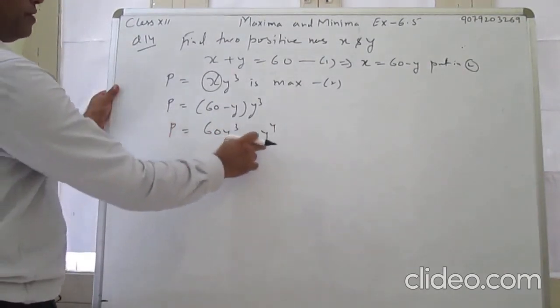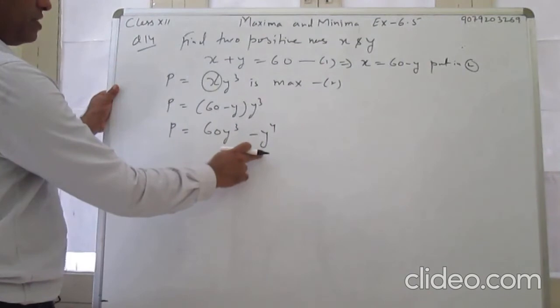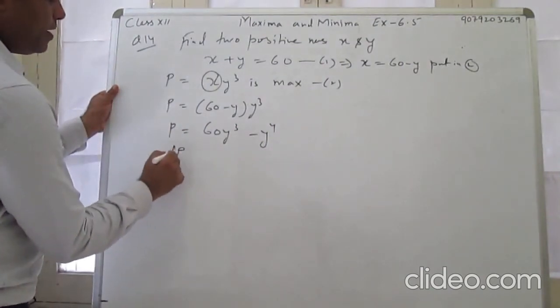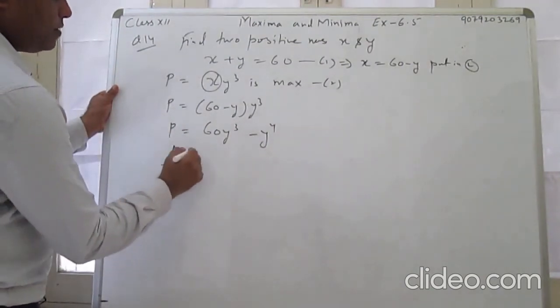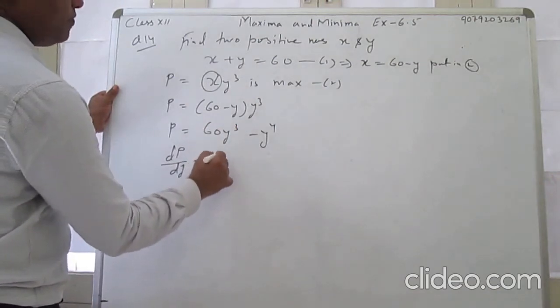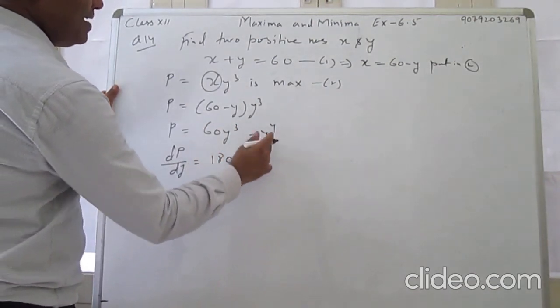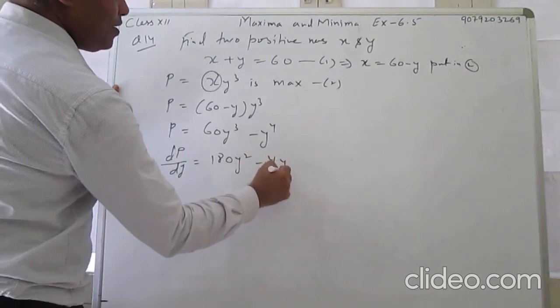Now P becomes 60y cube minus y to the power 4. It is now a single variable, it is in y, so we find dP by dy: 60 into 3 is 180y square minus 4y cube.